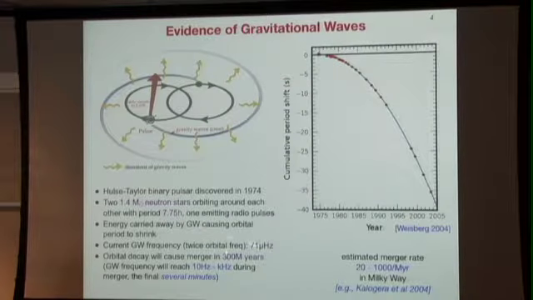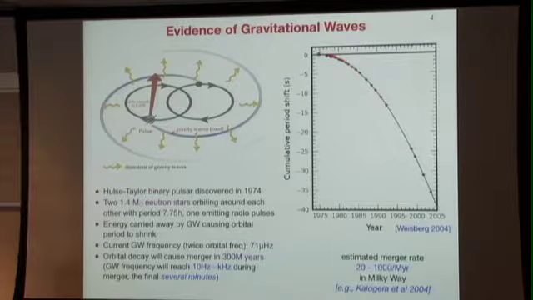But the problem is, we only know a handful of such objects in our galaxy, and they merge on the scale of 100 million years. So on average, in the Milky Way galaxy, the estimate is perhaps from 20 to 1,000 such merger events per 100 million years, but that's a very optimistic estimate, for events happening in our own galaxy.